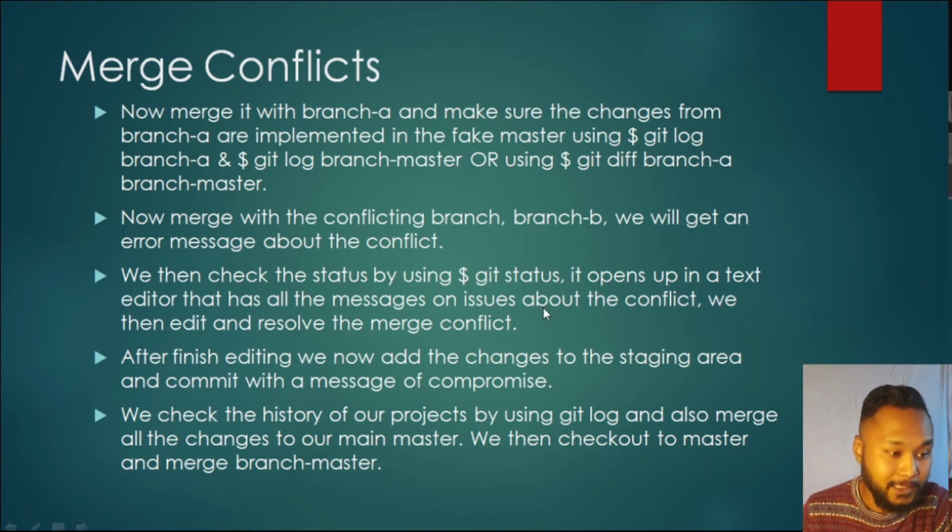We then edit and resolve the merge conflict. After we finish editing, we add the changes to the staging area and commit with the message compromise. We check the history of our project using git log and also merge all the changes to our main master. We check out to master and merge branch master into our main master. And that's all we're going to do.